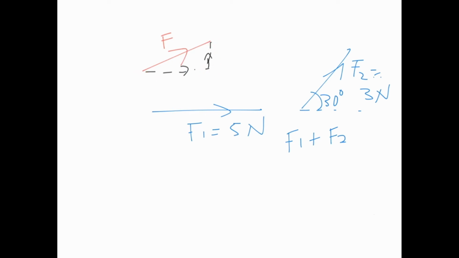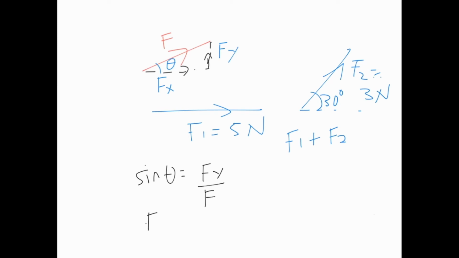That's called the component. This horizontal component, let's call it Fx. And this vertical component, I call it Fy. And this angle, let's call it theta. So what is the expression for Fx in terms of F and theta? What is the expression for Fy in terms of F and theta? We can actually use cos and sine. For example, remember that sine theta is equal to opposite over hypotenuse, right?